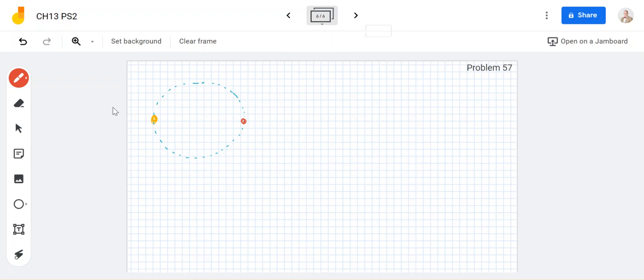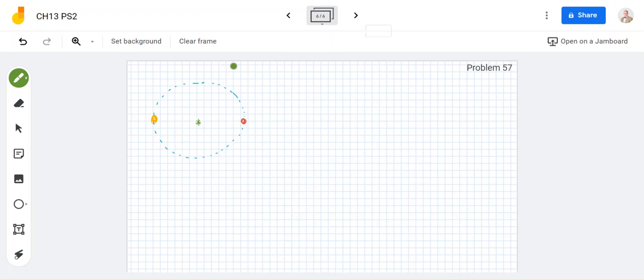And they're not really orbiting each other, they're orbiting the center of mass between them. But since they have the same mass, they're each going in their own circle around that.